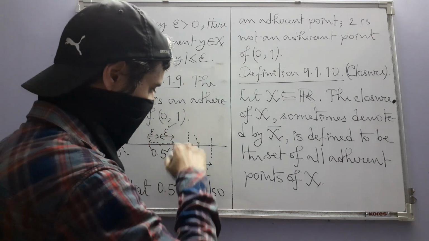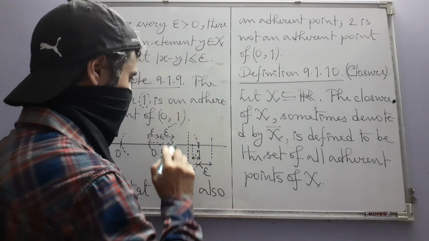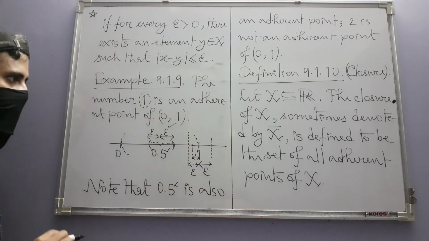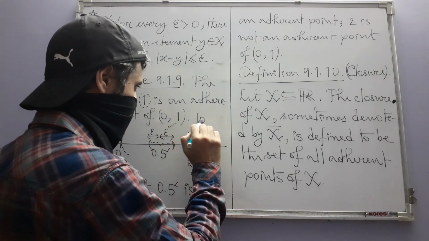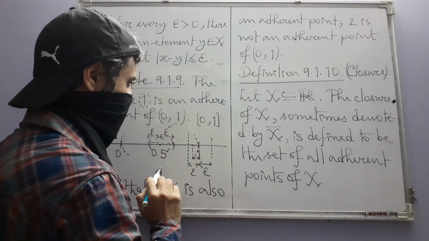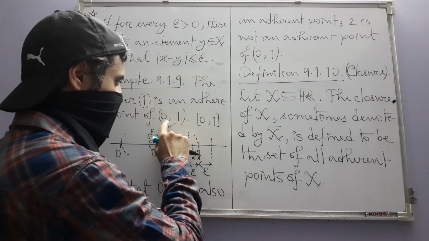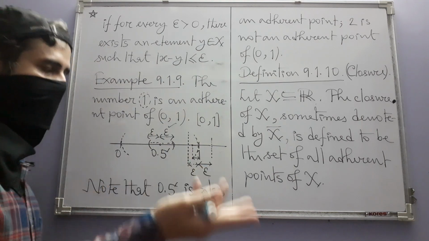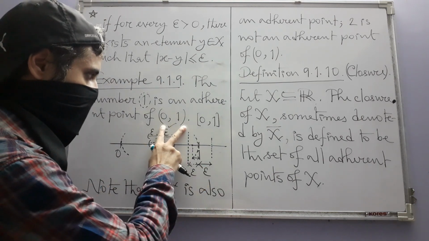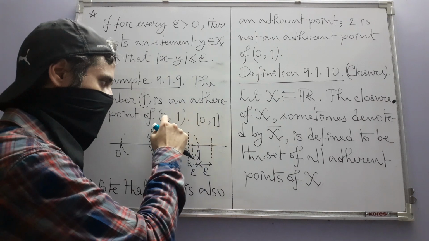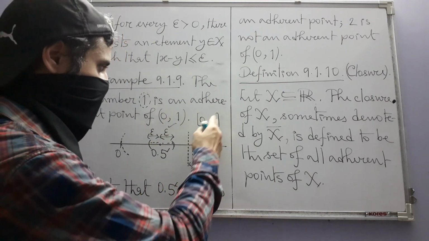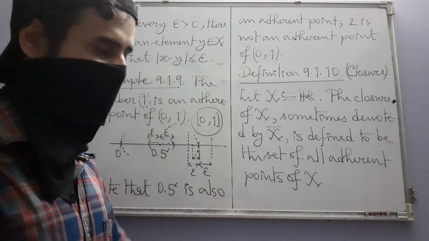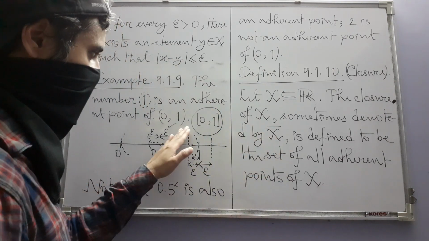So if our remarks about this set and its adherent points are correct, then the closure of this open interval is actually the closed interval. That's because the elements of the open interval are all the real numbers strictly lying between 0 and 1. They are adherent points of this open interval, and additionally we also have the adherent points 0 and 1. And if no other point is an adherent point, then this is the set of all adherent points, in other words the closure. Okay, we will see these things.